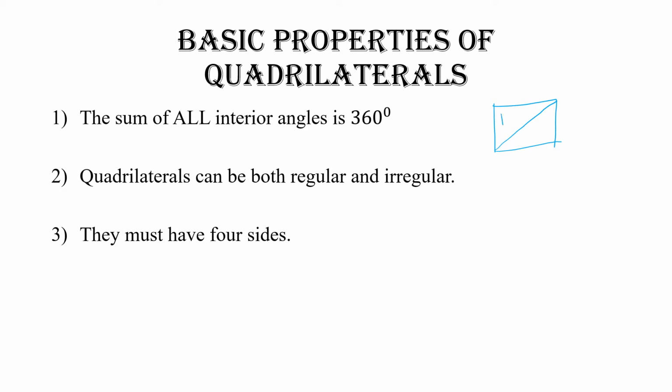And we know that a triangle sums up to 180 degrees. So obviously, if we have two triangles, then it will sum up to 360. That's one way to look at it.